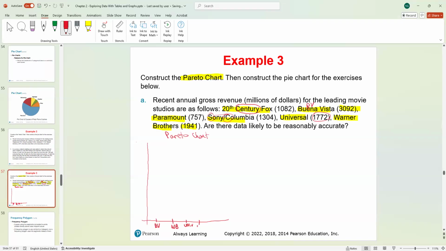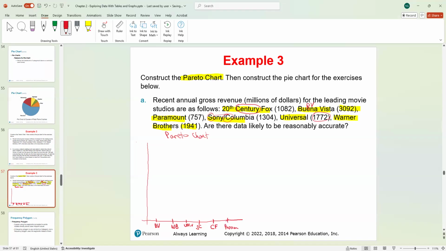Now, will we have more? Yes, we have Century Fox. And the last one is Paramount.